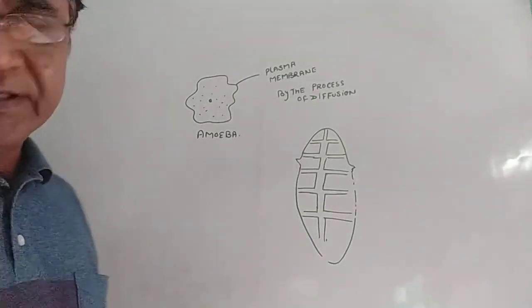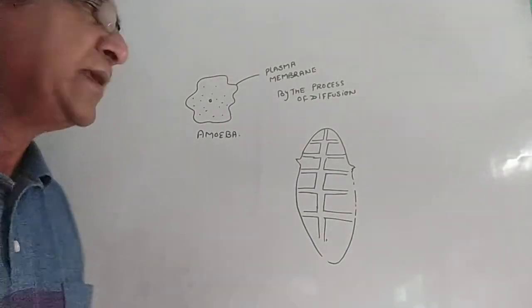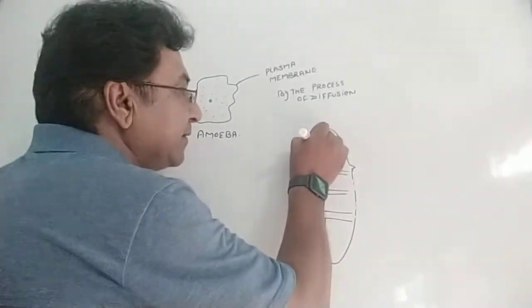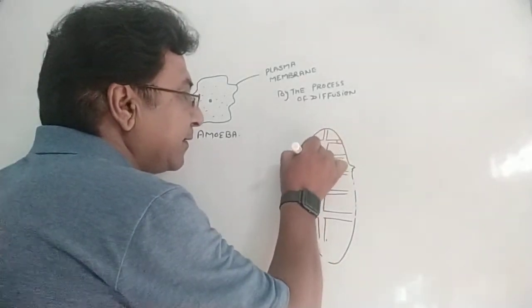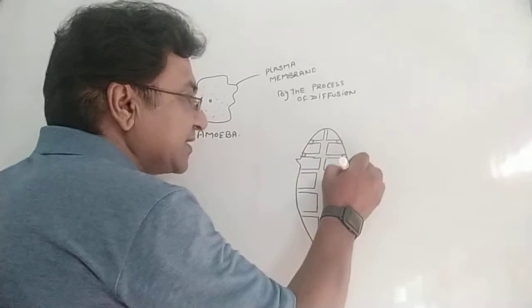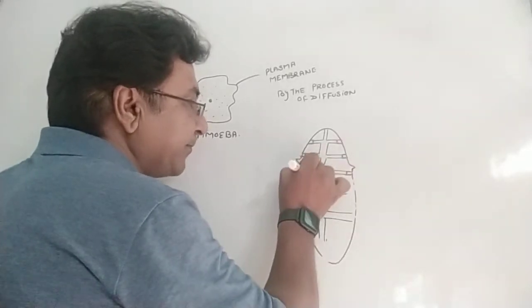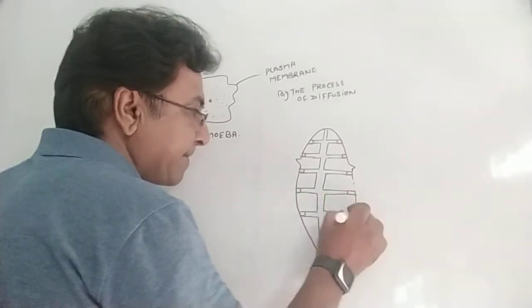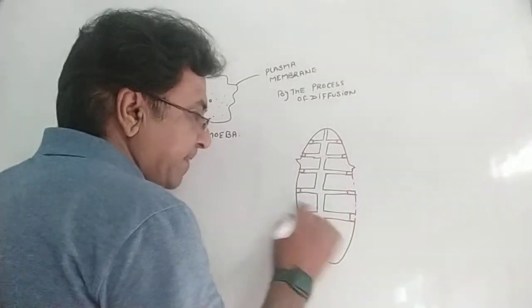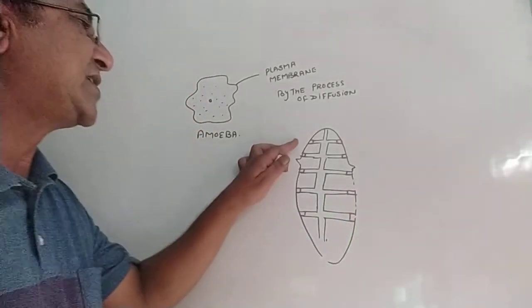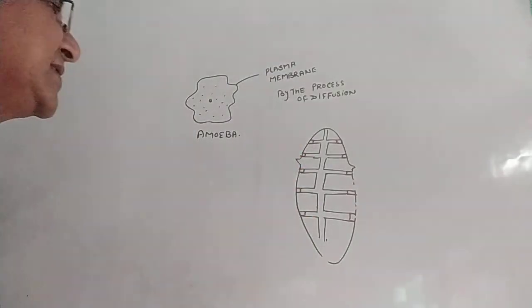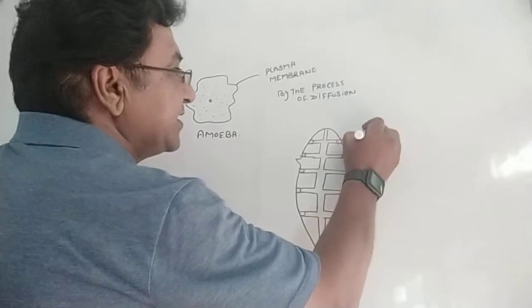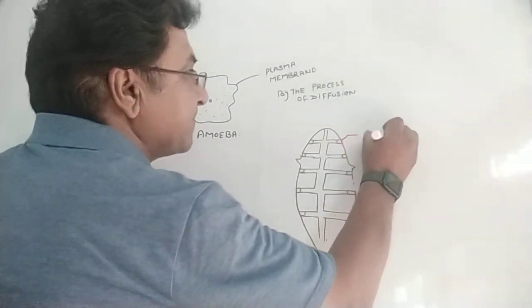Now, at the end of these tracheas, there are specialized structures from where the gaseous exchange takes place.